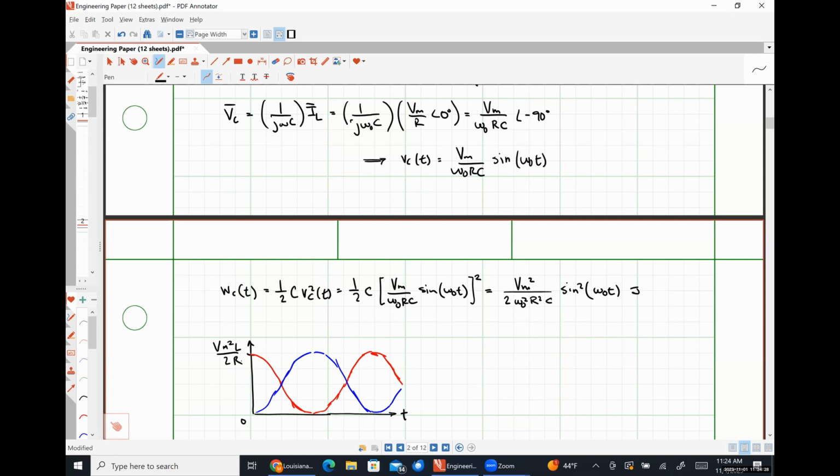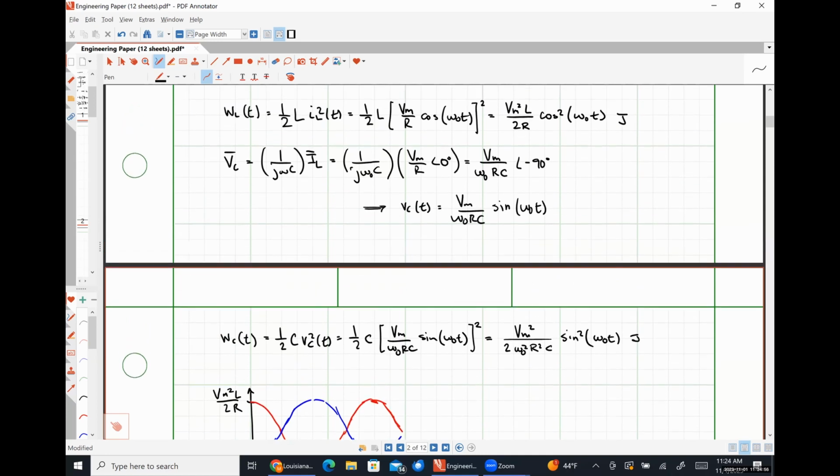Let me prove that to you really quickly. We have Vm squared over omega naught squared R squared C. Well, omega naught squared, or really 1 over omega naught squared, is just going to look like an LC in the numerator. And so the C is going to cancel things out. Let me go back 1 second here.